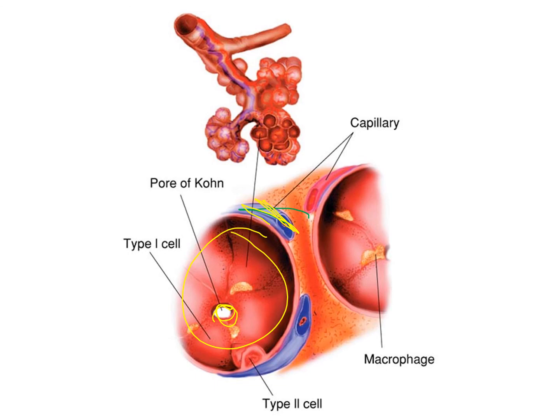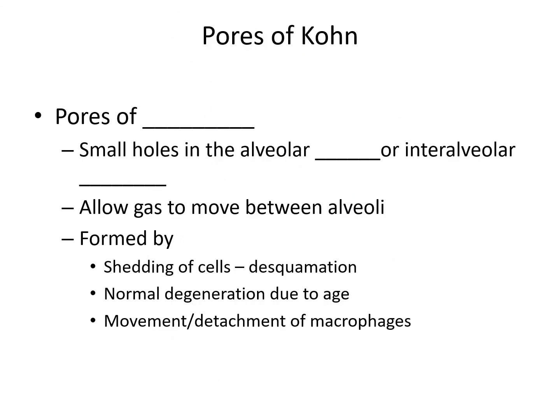So here we see an alveoli and one right next to it. Well, if they had a hole in between the septa that connect them, then that would be what's called a pore of Kohn, just like pores of a skin. And so that means we can let gas through there, like collateral ventilation, or macrophages can go through there. So it's a pretty neat little thing that we can use.